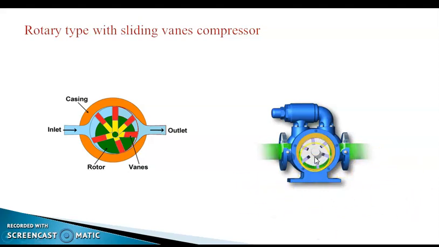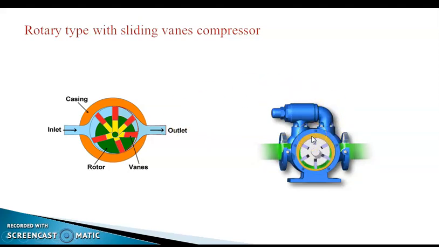The center of the rotor is eccentric with the center of the cylinder. The blades are forced against the cylinder wall by centrifugal action during the rotation of the motor. So this is about the construction.